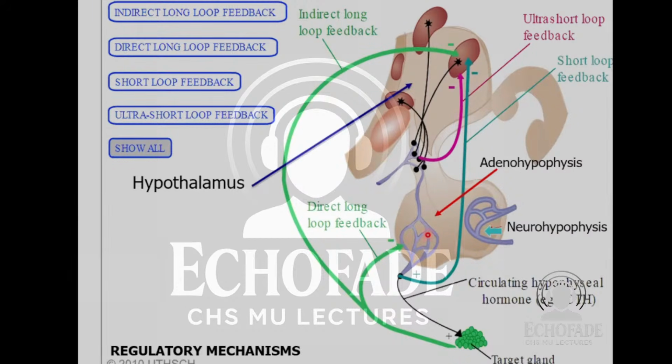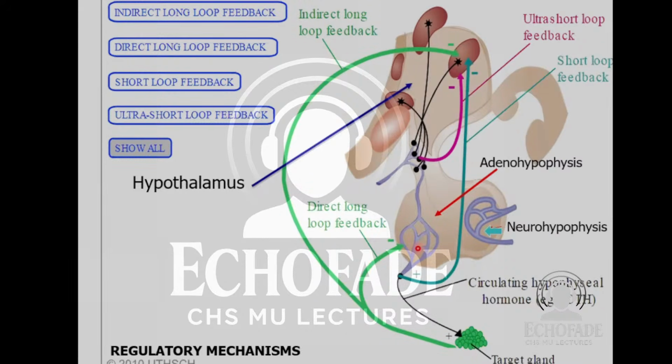For example, you can have follicle-stimulating hormone being produced by the hypophysis. It stimulates the development of the follicles within the ovary, and those follicles then produce a hormone, estrogen. The estrogen then negatively inhibits production of further follicle-stimulating hormone so that we don't have excess production of the hormone.